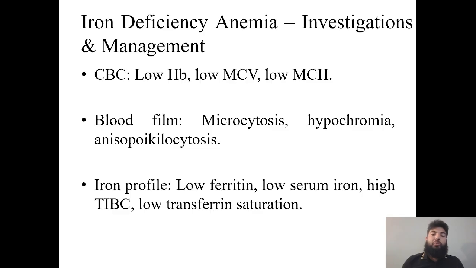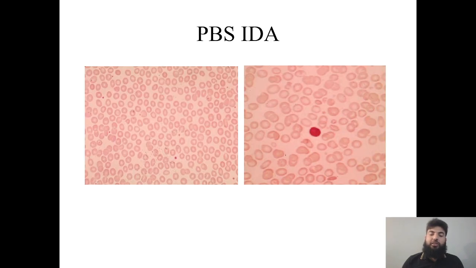So in this kind of anemia, you will see abnormality of the shape as well as abnormality of the size. So it will be a kind of dimorphic blood picture. And the iron profile: low ferritin, low serum iron, high TIBC, total iron binding capacity, and low transferrin saturation.